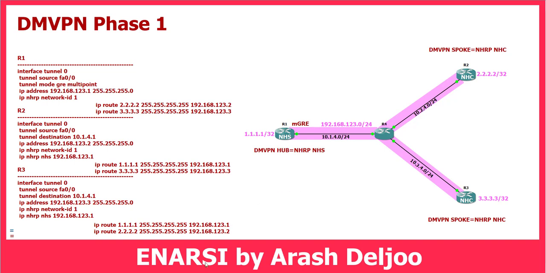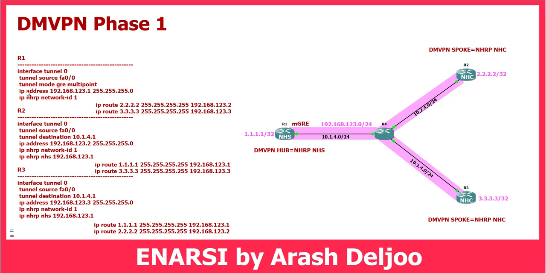In each tunnel we need to configure a tunnel source, in a multipoint GRE tunnel or a GRE tunnel, but the tunnel destination is configured only in a point-to-point GRE tunnel. Because of that, here we don't configure a tunnel destination, but we have the tunnel mode gre multipoint command.